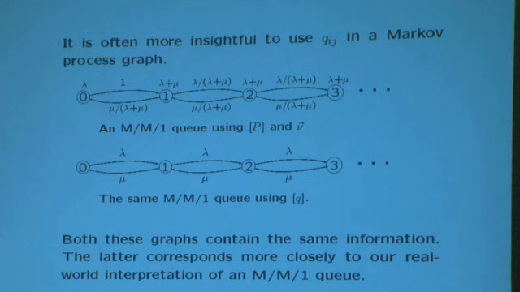Which is simpler? Which is more transparent? Well, this really is what the M/M/1 queue is. That's where we started when we started talking about M/M/1 queues. So in this situation, this is certainly far simpler. You're giving these transition rates, but don't forget that we still have this embedded Markov chain in the background. Both these graphs have the same information for every Markov process you want to talk about.